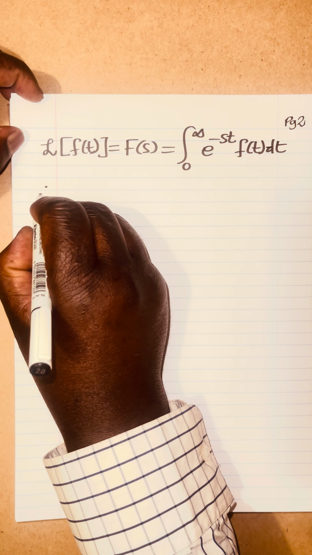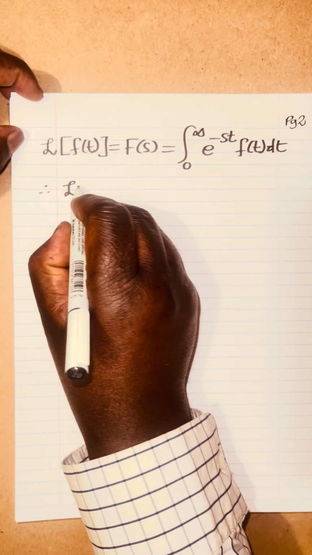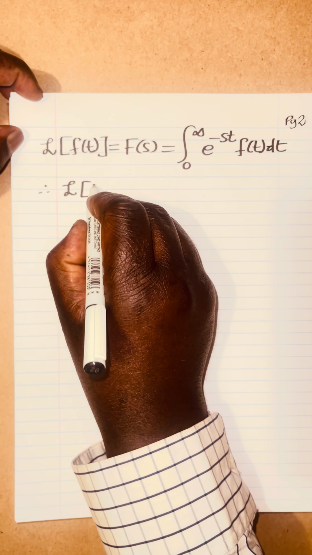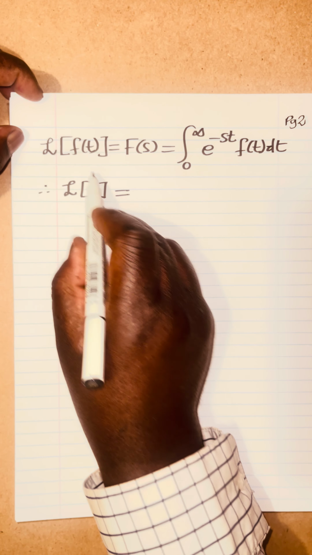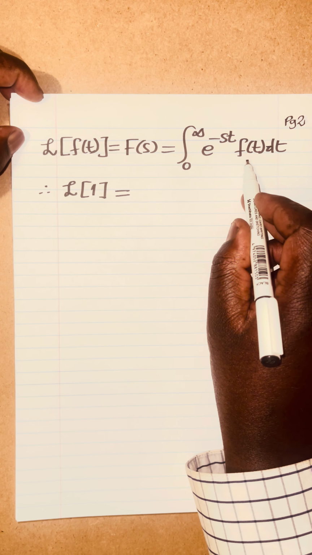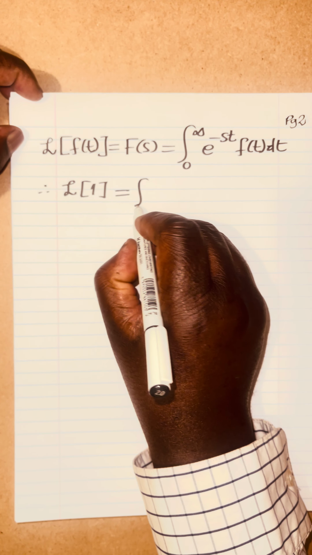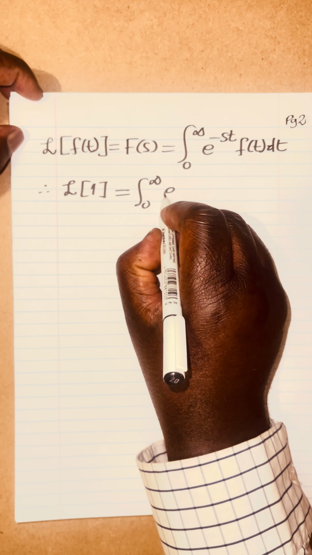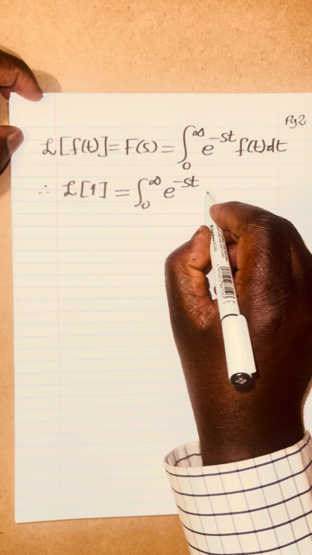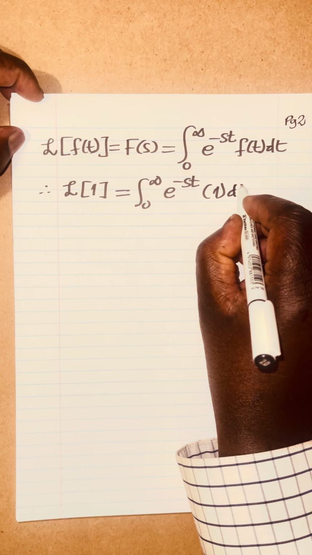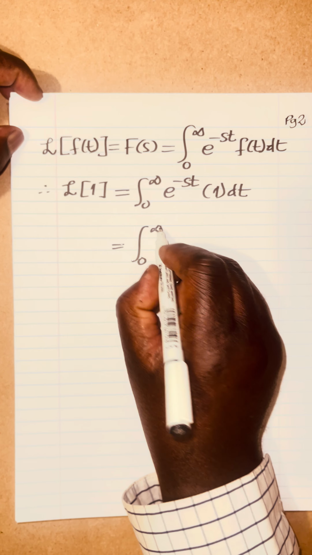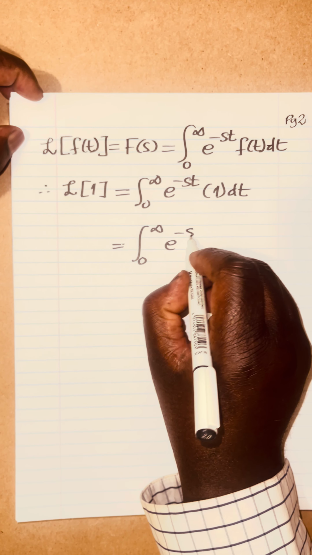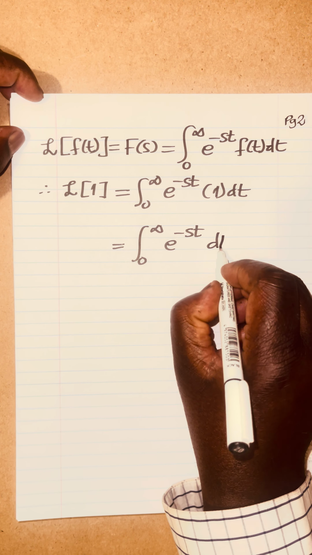And therefore, we can say the Laplace transform of 1 as a constant function will be equal to, remember, 1 now is taking the place of f of t. It must come here. So it will be the integral from 0 up to infinity of e to the power minus st times 1 dt, which simplifies to the integral from 0 up to infinity of e to the power minus st dt.